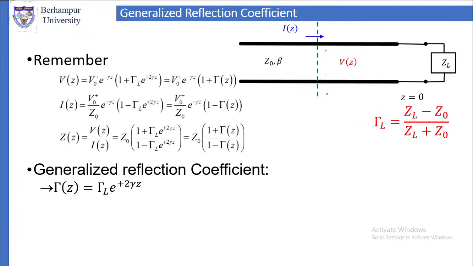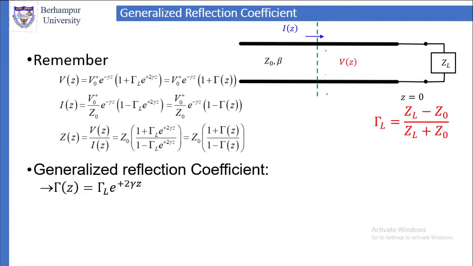I hope you remember this. Otherwise, you can just expand it. If you expand this, you simply get V0+ exp(-jβz), representing the forward propagating wave, then plus Γ_L into V0+.